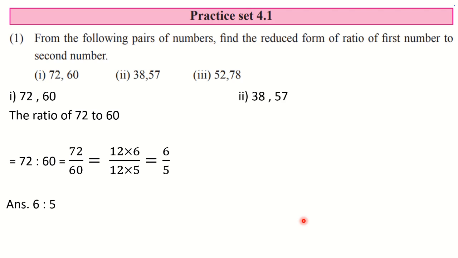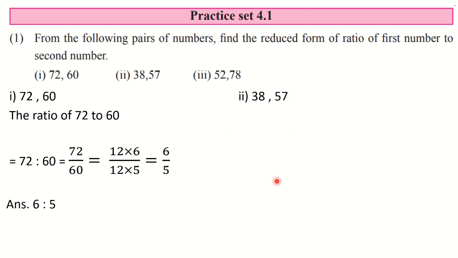The two numbers are 38 and 57. So think, these two numbers are in which table? So you will come to know that these two numbers are there in the table of 19. We can write 19 2s are 38 and 19 3s are 57.